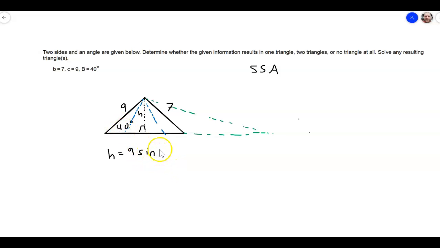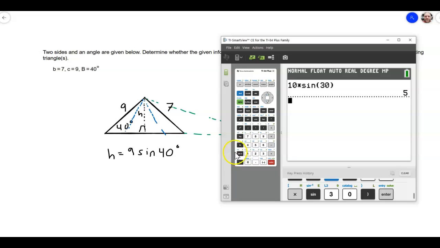Look at my last video, and I'll show you how to do that, but you can really just set up a sine function equal to opposite over hypotenuse, and then solve for h there. So h is equal to 9 times the sine of 40 degrees. And in this case, let's figure that out.